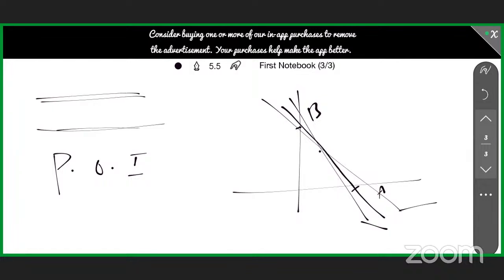Sir, yes, Bhavana. 46 by 21. No, you are supposed to get the same value, 12 by 7. 12 by 7, sir.